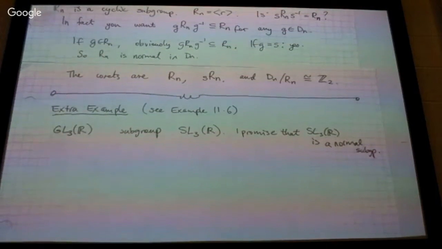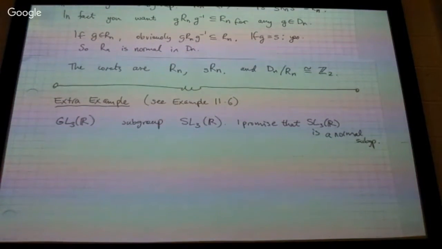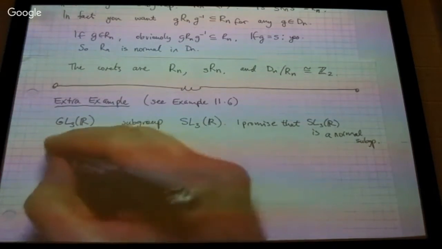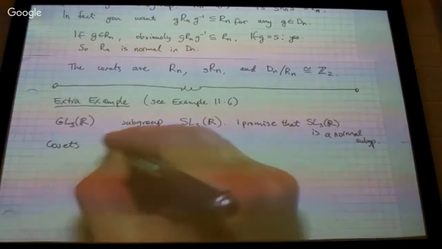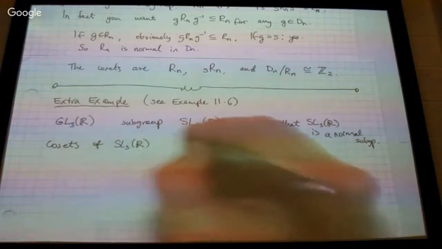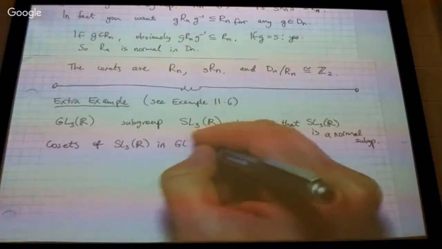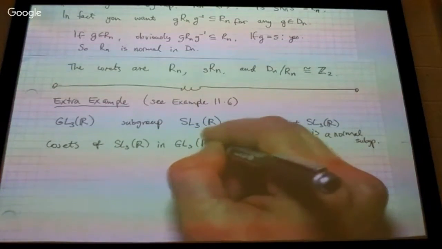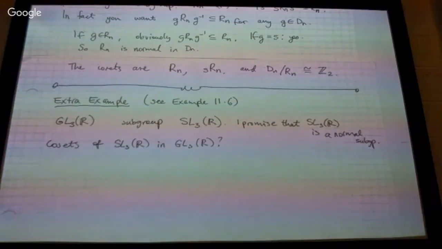And so, do you remember, I think we were talking about this in one of the Friday tutorials, what the cosets are? That doesn't narrow it down, does it? What were they?